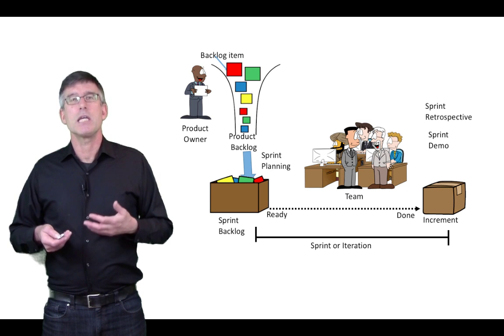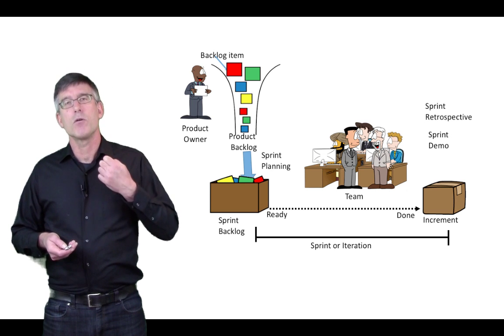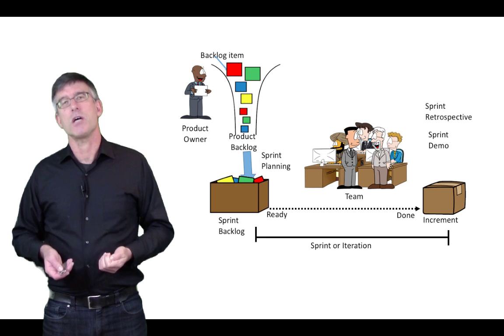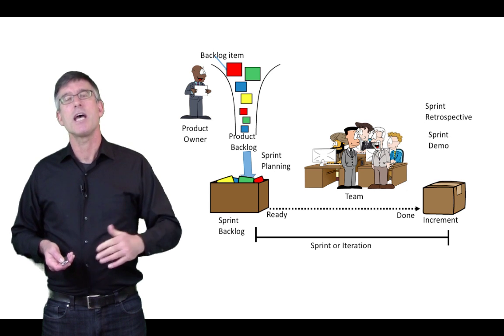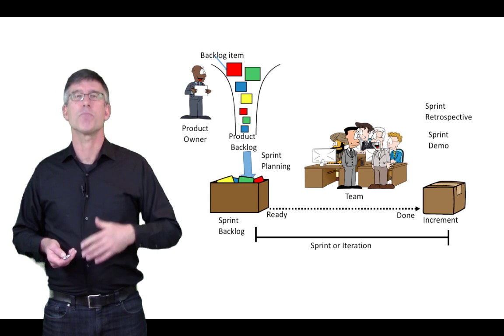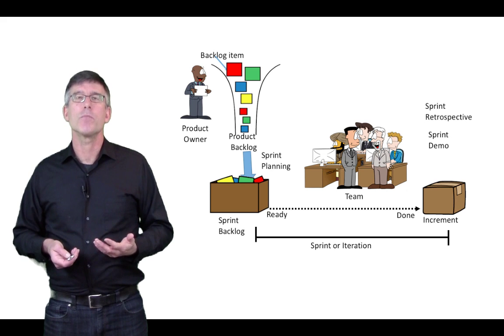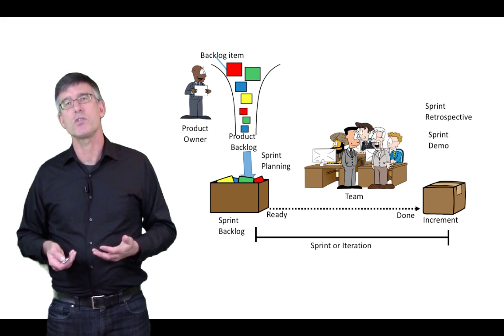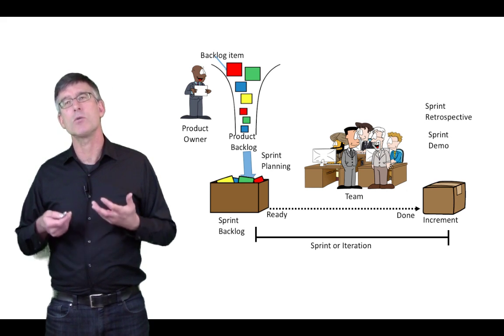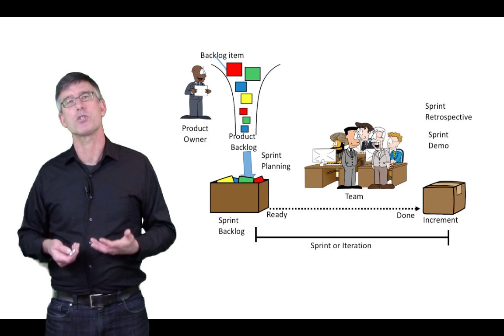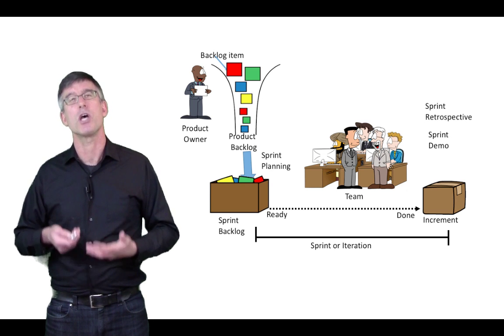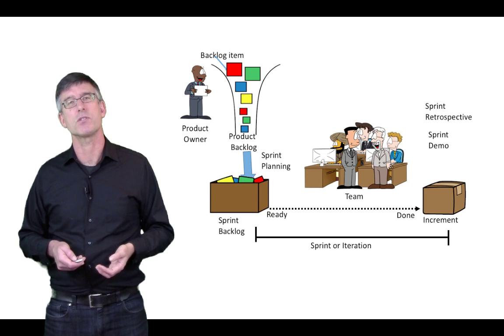Well, you get that by improving the process itself. It's that constant, continuous improvement. You hear people give a lot of lip service to that, but unless you're really paying attention to those retrospectives and focusing on that process, you really aren't going to get the benefits that are promised by Scrum.